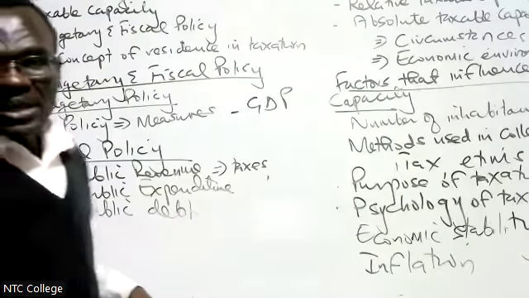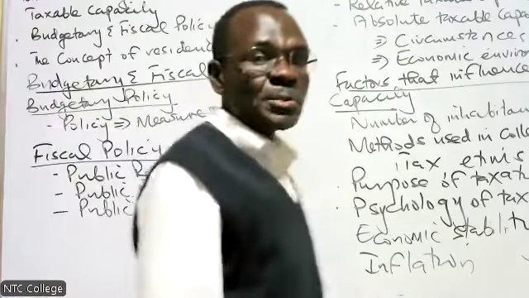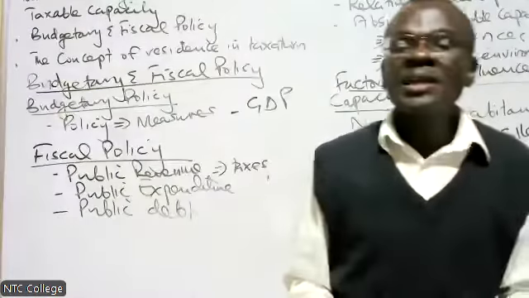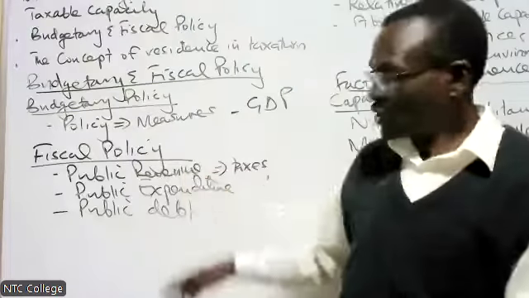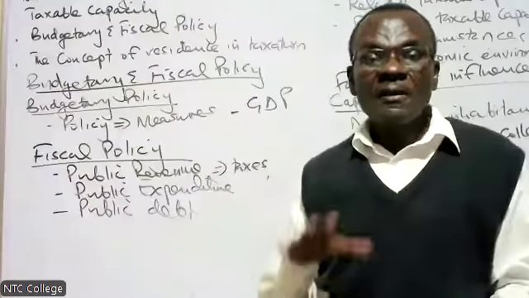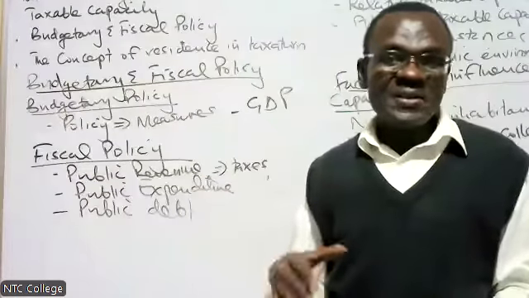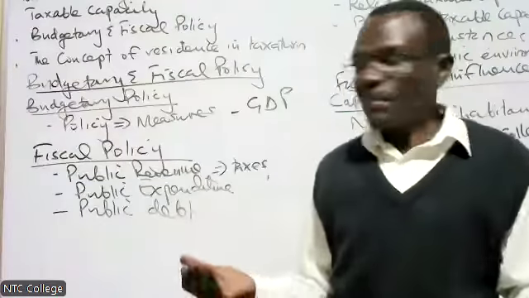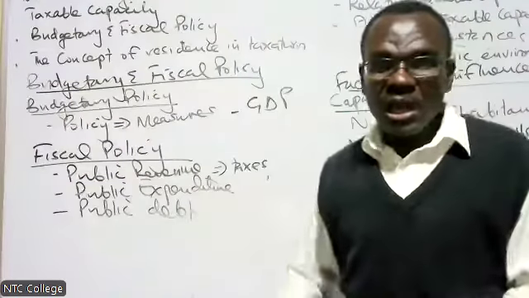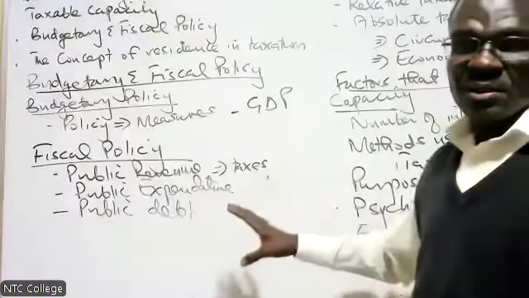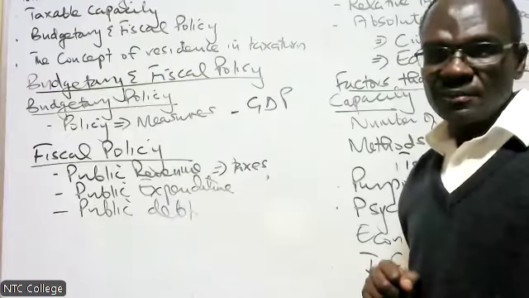So these are instruments at the disposal of the National Treasury. Now, these instruments, combination of them, make up what we call fiscal policy. So policy are measures, for example, if there is inflation, how does Treasury use these instruments to correct that?